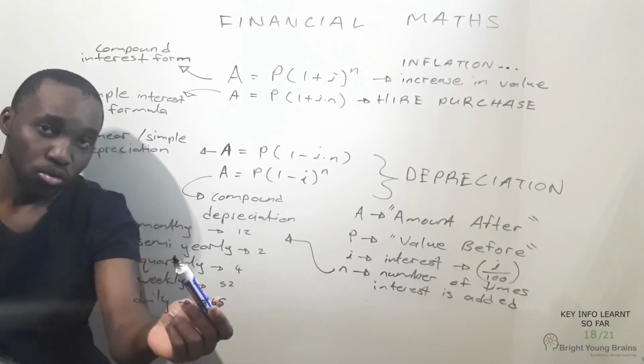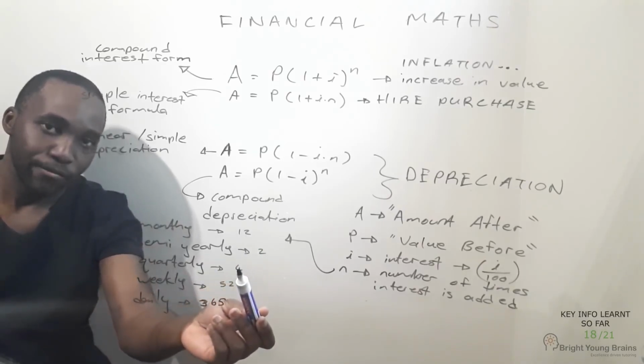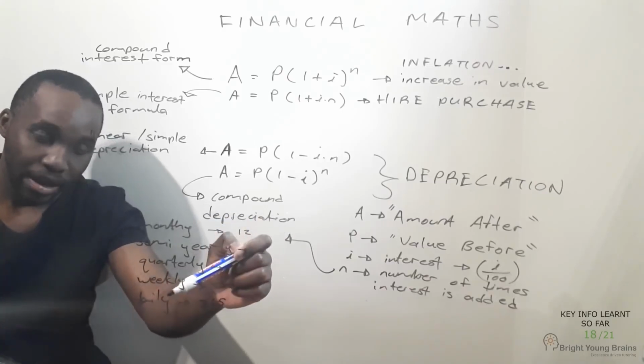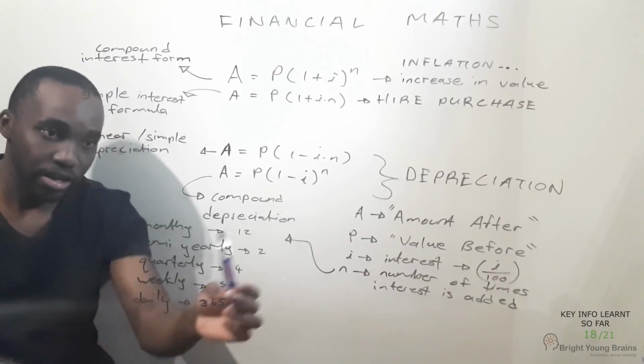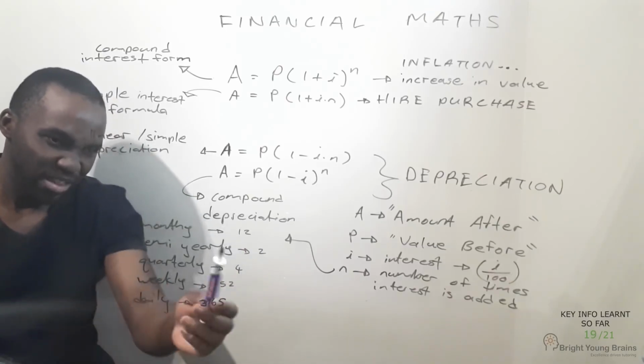If it's compounded quarterly, you multiply your years by 4. All of these apply depending on how many years you're dealing with. You'll always need to multiply your n by one of these 4 numbers, rather 5.